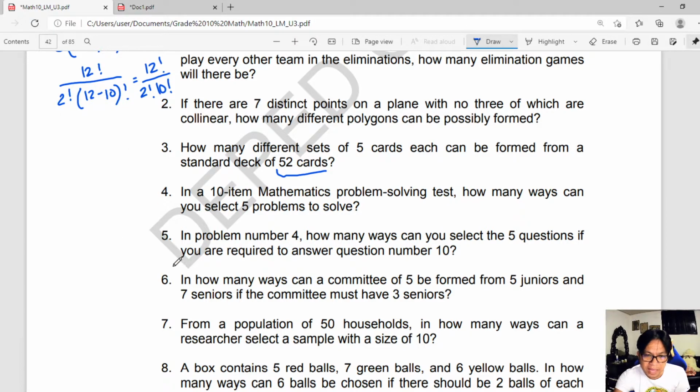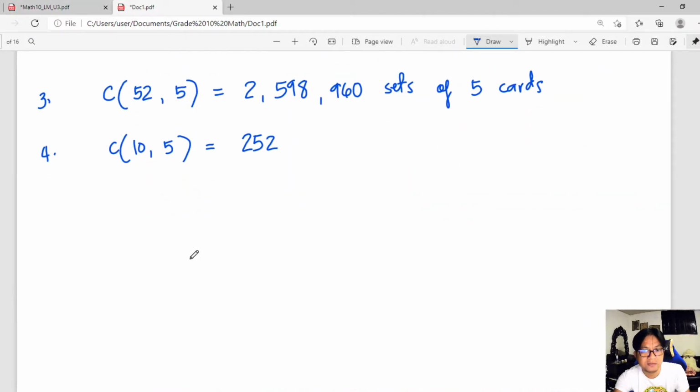Okay, for number 5, in problem number 4, how many ways can you select the 5 questions if you are required, no, to answer question number 10? So, ibig sabihin, for number 5, kailangan mong sagutan talaga yung item number 10. So, wala kang choice.